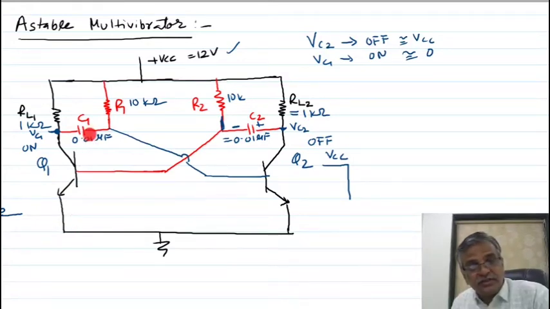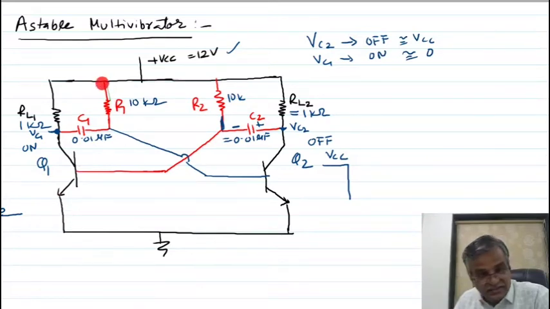Now C1 had already been charged to 12 volt before the assumption made, and as Q1 conducts, this capacitor starts discharging by this path. Look here, by this path through R1 and Q1.